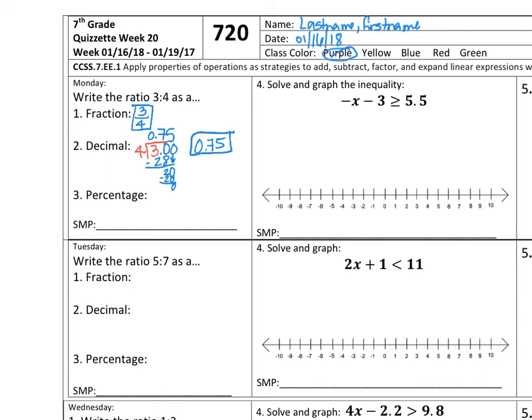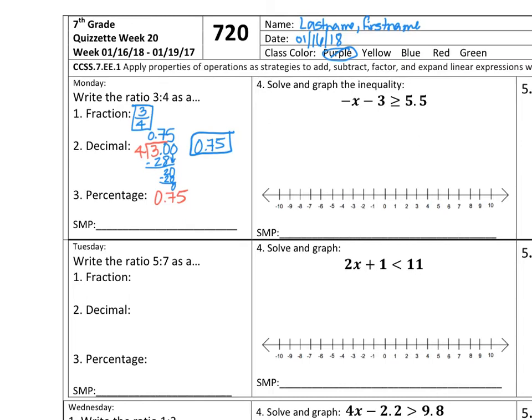Now the percentage. What you do when you want to get the percentage of something, let's say they give you a fraction, which is what we started off with right here. You're going to always convert it into a decimal, and then it'll be easy to get the percentage. All you have to do is move the decimal 2 places to the right. So let's do that.